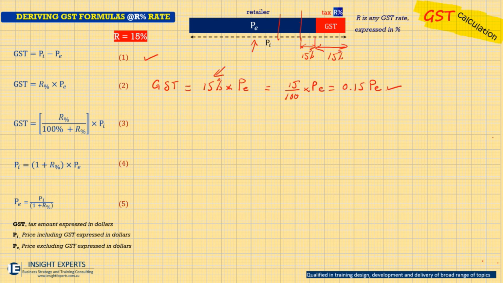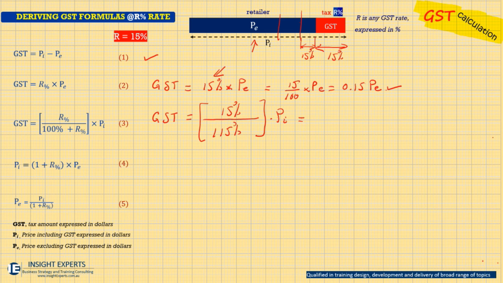In terms of formula number 3, another way of calculating the GST amount, it states that if you have a GST rate of 15%, then I can calculate the GST amount as follows. GST is equal to 15% over, remember, 115%, and then multiply the whole lot by the price including GST.